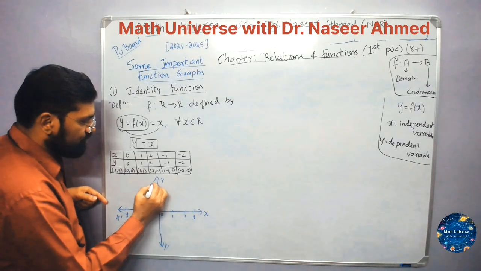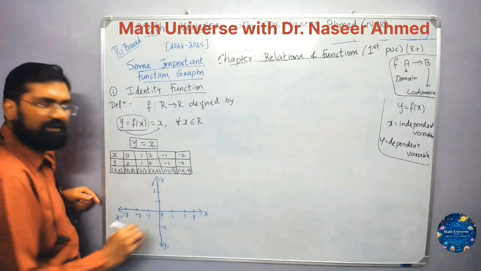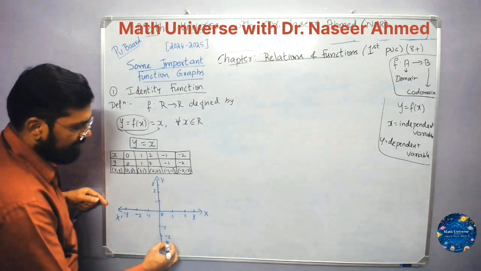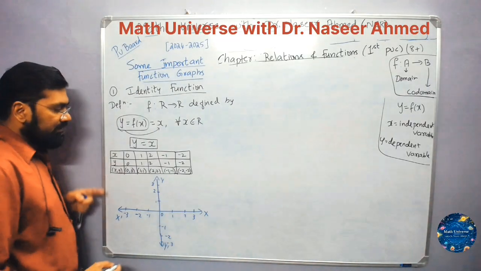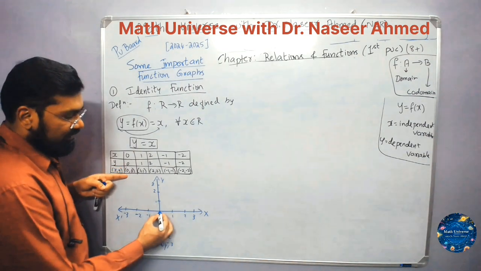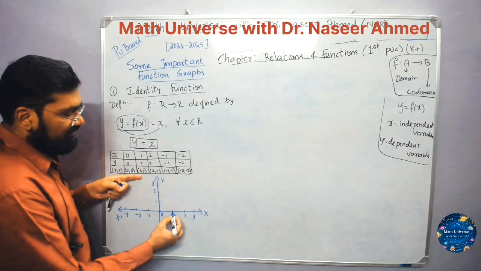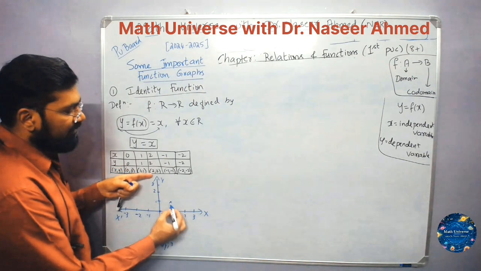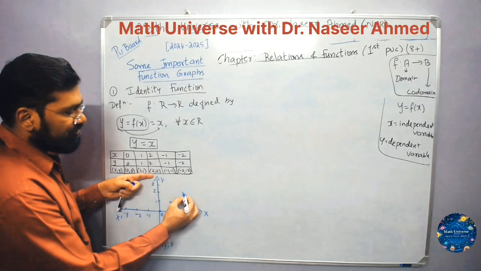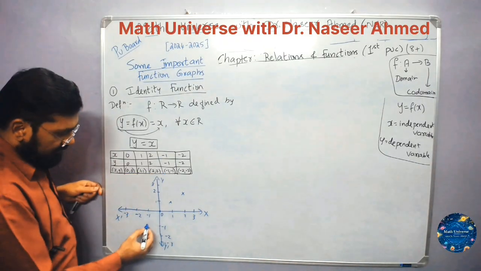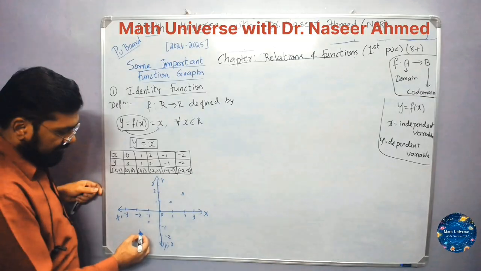Now, 0, 0 is the origin. 1, 1: x is 1, y is 1, so the point is here. 2, 2: x is 2, y is also 2, so here. Minus 1, minus 1 somewhere here. Minus 2, minus 2 here.